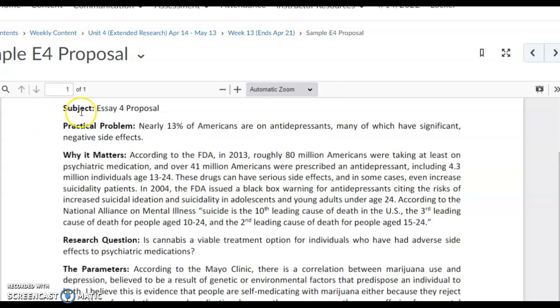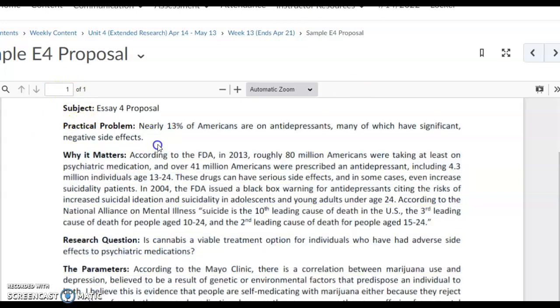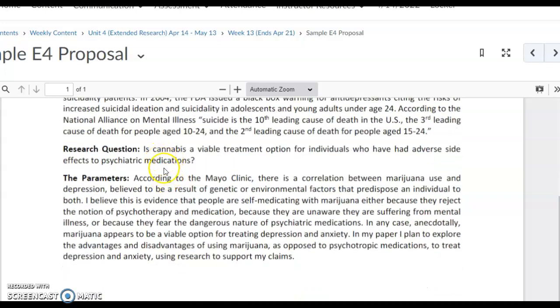Again, we see a subject, a practical problem. We get some specifics here. This is when I talk about scope, what I mean. 13% of Americans are on antidepressants, many of which have significant negative side effects. A long explanation about why it matters. The research question: is cannabis a viable treatment option for individuals who've had adverse side effects to psychiatric medication? So this is a very specific research question.